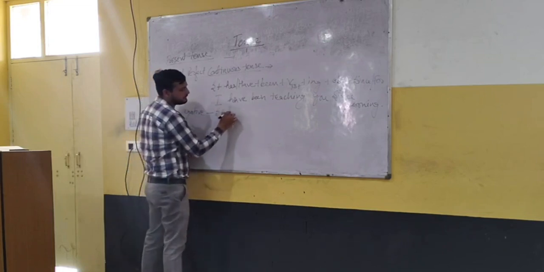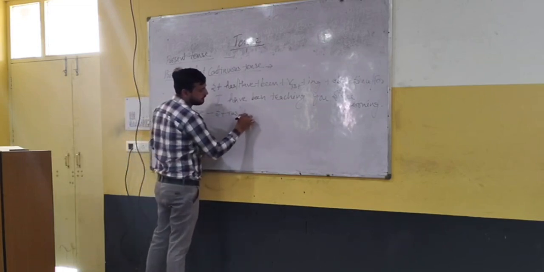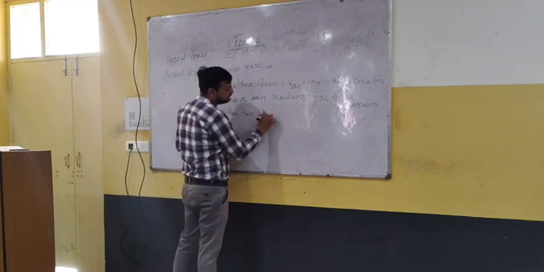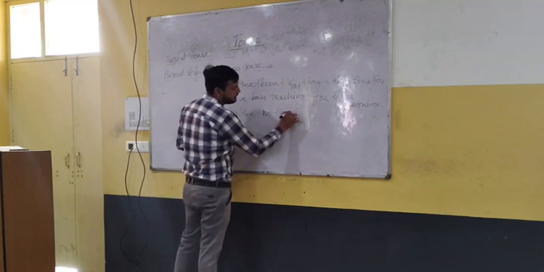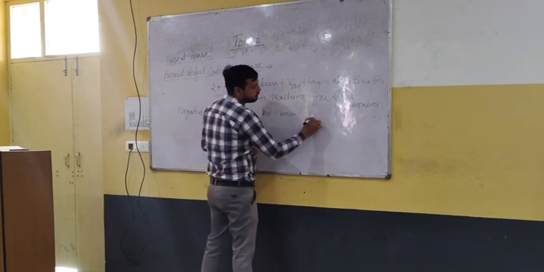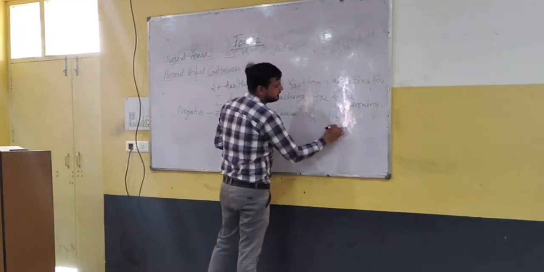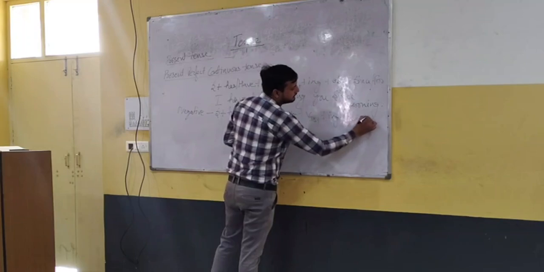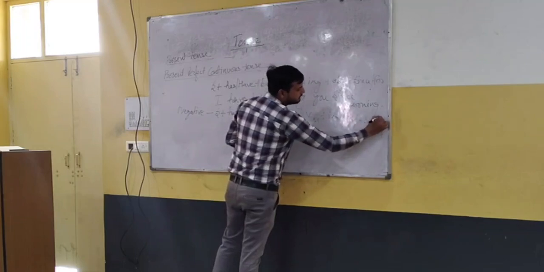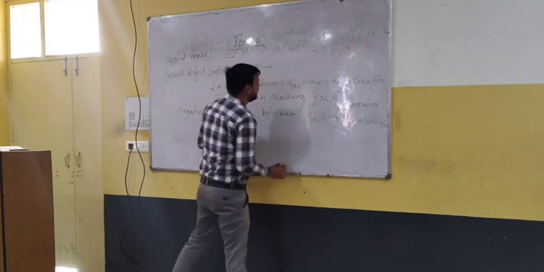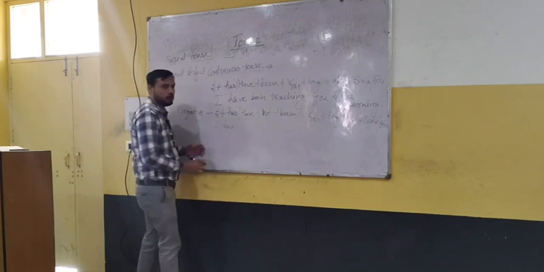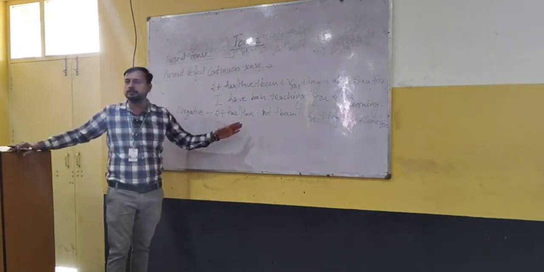subject plus has, have plus not plus been plus verb की first form plus ing plus object, and plus since, for. So now you know where you can use has or have.